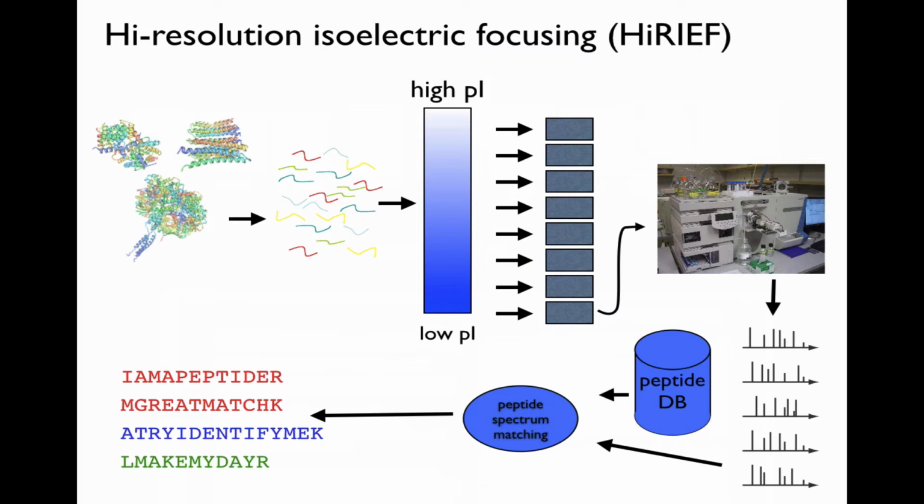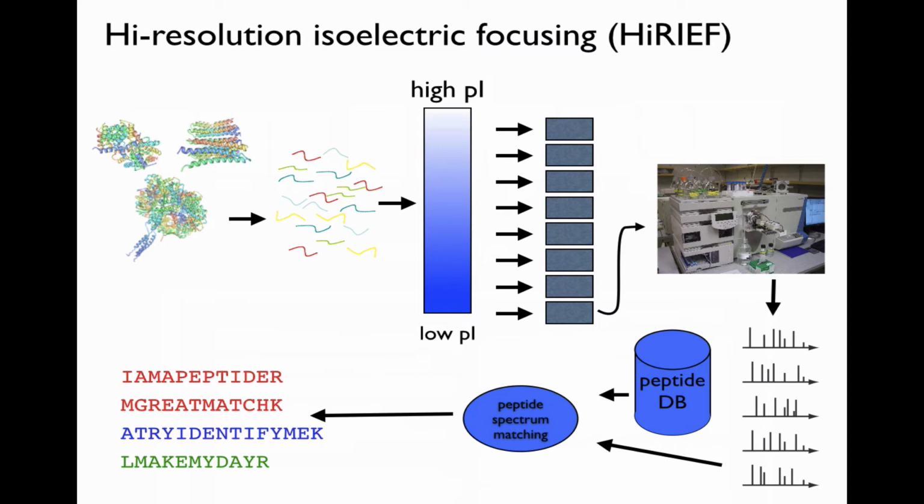This is a great technique because you can do complexity reduction. Compared to the very many peptides that we originally had when injecting into the mass spectrometer, we get a clear reduction of complexity in each individual one of those cutouts.